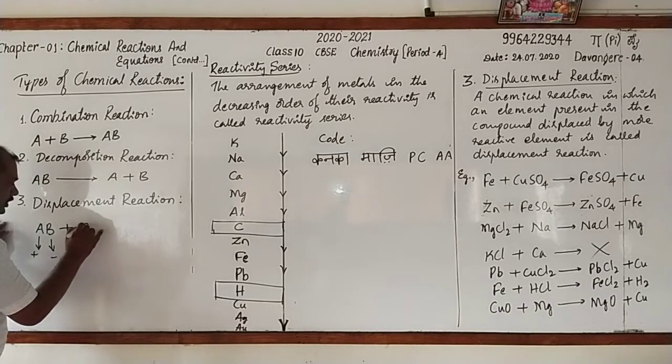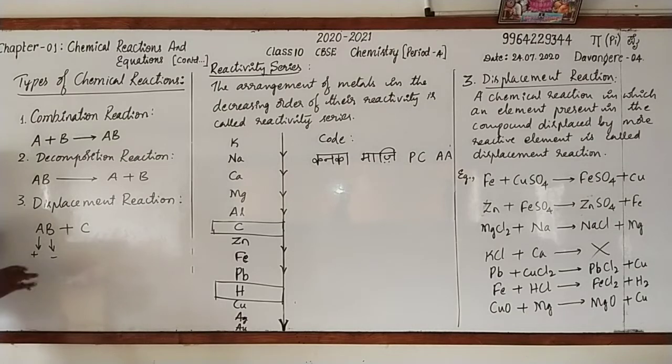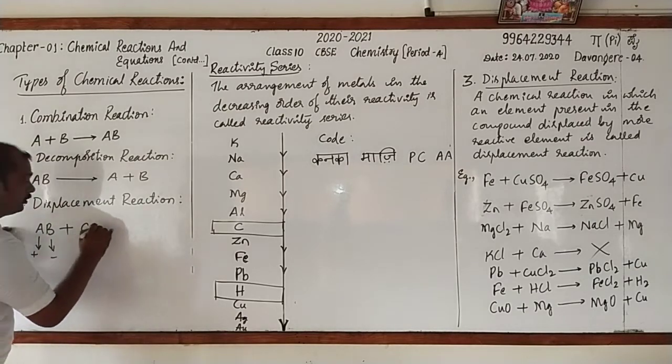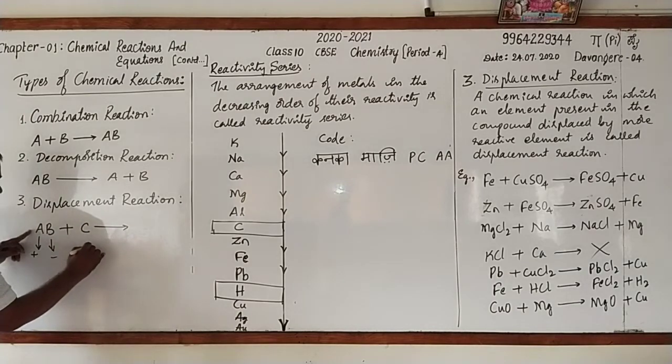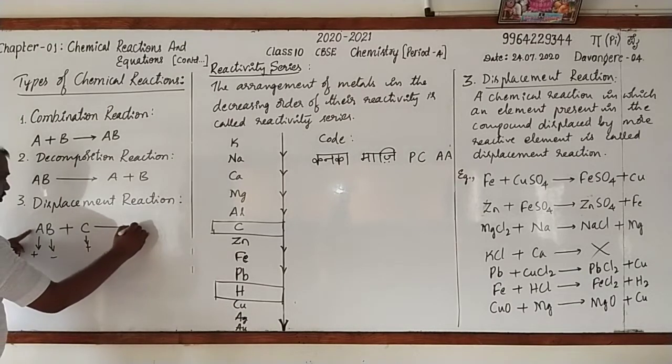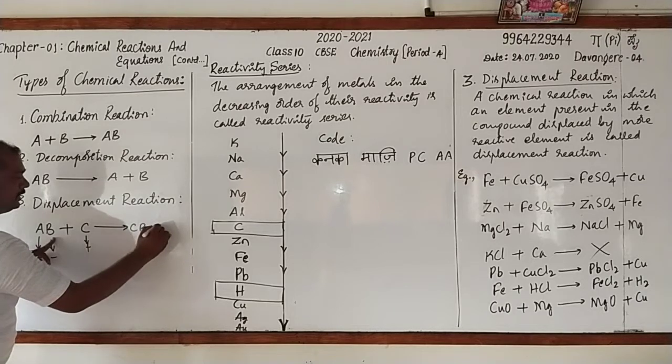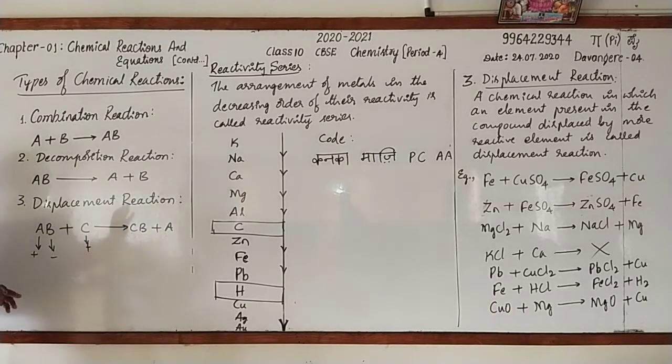Then I am going to take the element C. You can write AC plus B or BC plus A or CB plus A. We know that it is electropositive, so we can write it as CB plus A. Clear? Okay, this is the general form.